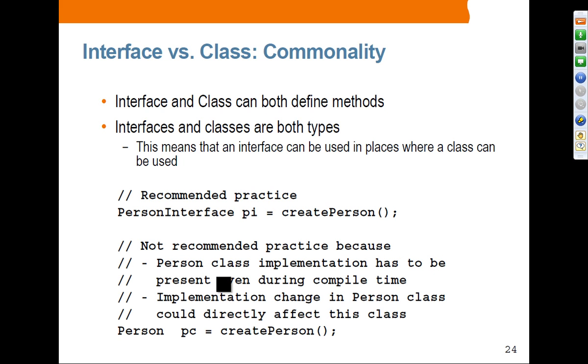Also, an implementation change in the person class could directly affect this class. I'm going to skip this aspect for now and just focus on compile time. Usage of interface is possible, while usage of the implementation class is not possible.